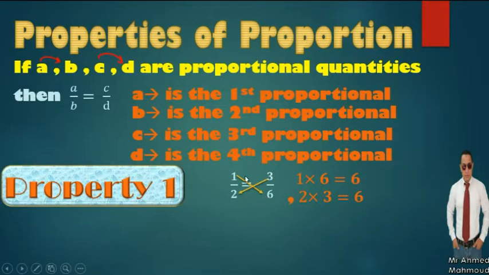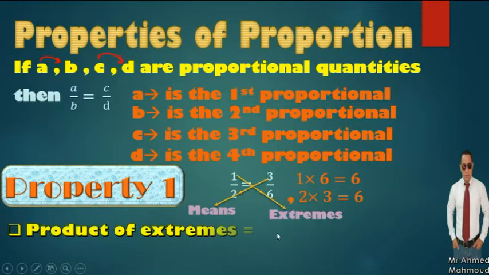This is called cross multiplication. The cross here equals 6 and the cross here equals 6. Okay, 1 and 6 are called the extremes, and 3 and 2 are called the means. Then we can say that the product of means equals the product of the extremes, or the product of the extremes equals the product of means.